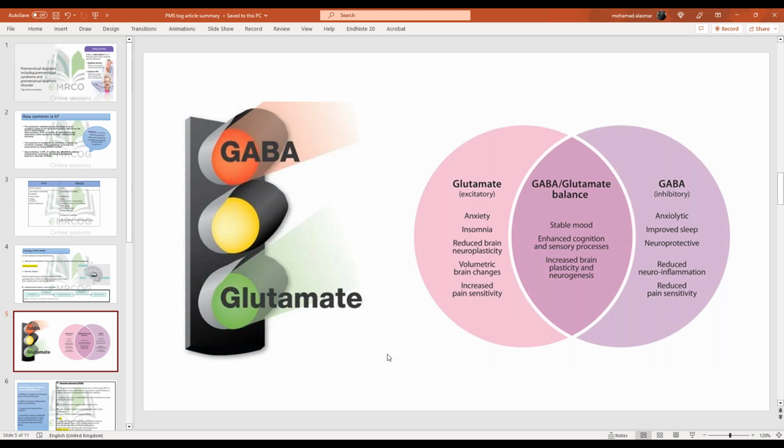This is why those women have psychiatric or psychological symptoms, which can be so severe that in some cases they think of suicide before the time of the period. So we need to help this woman return this balance to normal. Right? We will work on both pathways. How?